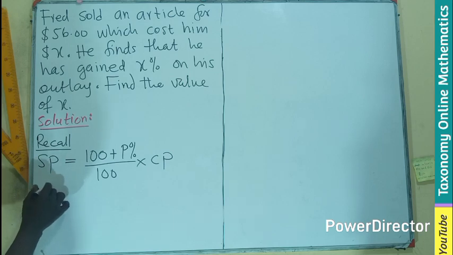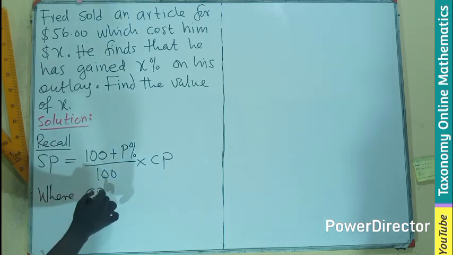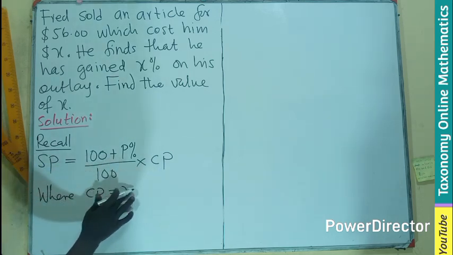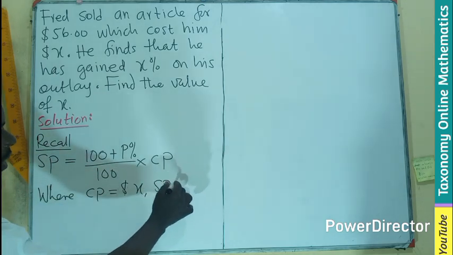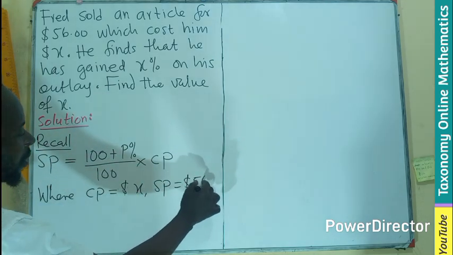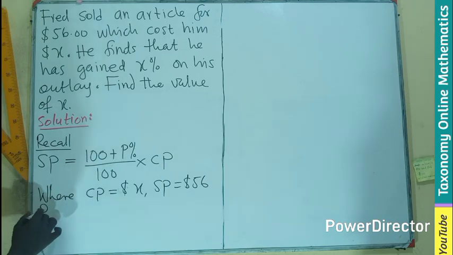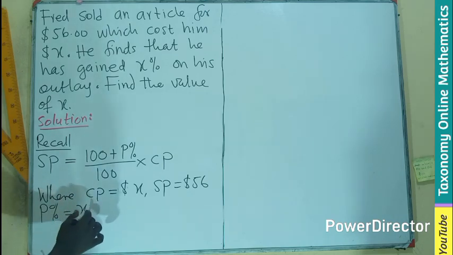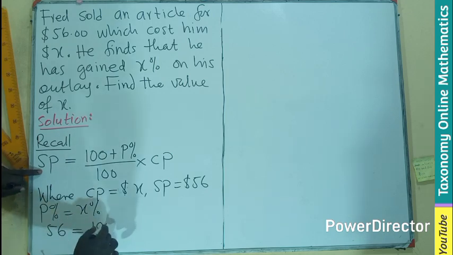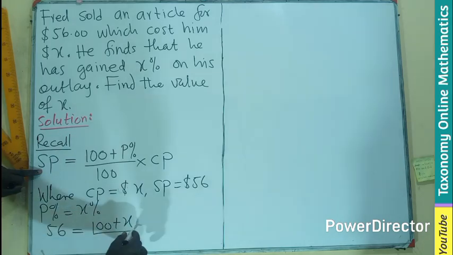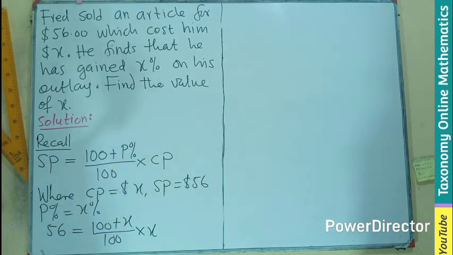So we can say that our cost price in dollars is X, the selling price in dollars is 56, and our profit percent is X percent. So now we have 56 equals 100 plus X percent, which is the profit percent, divided by 100, times X by substitution.